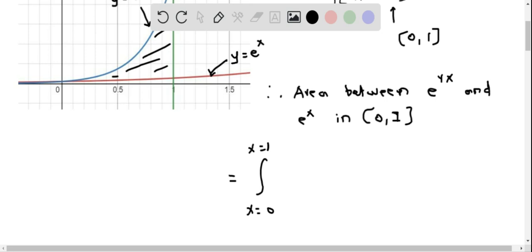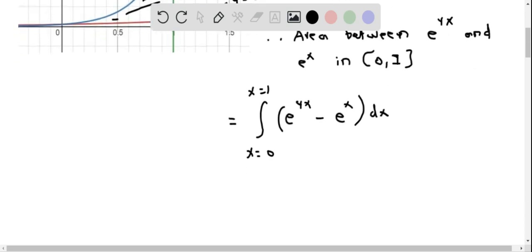Let's put the top curve. The top curve here is e^(4x), and the bottom curve is e^x. So we find the integral of e^(4x) minus e^x. Now let's find the integral of this and substitute the limits.